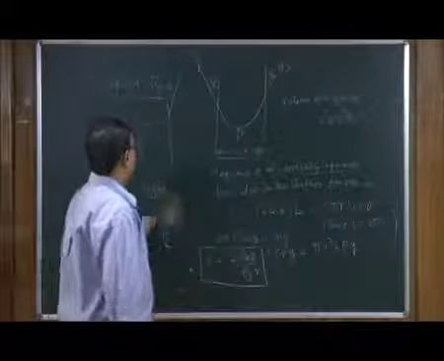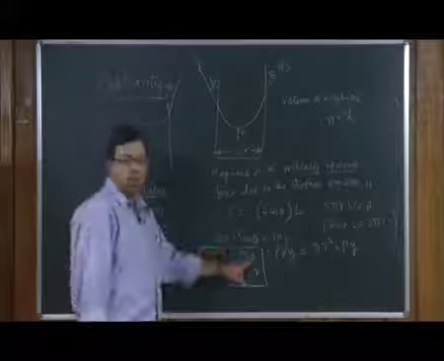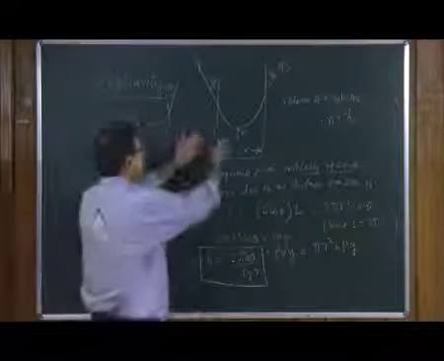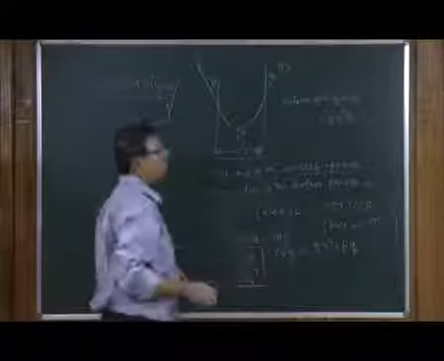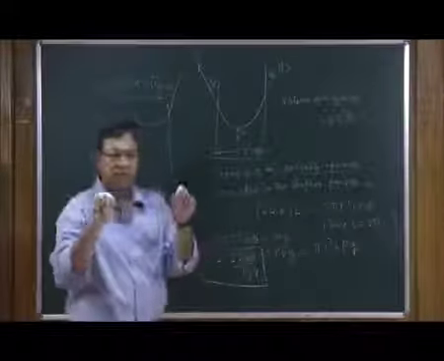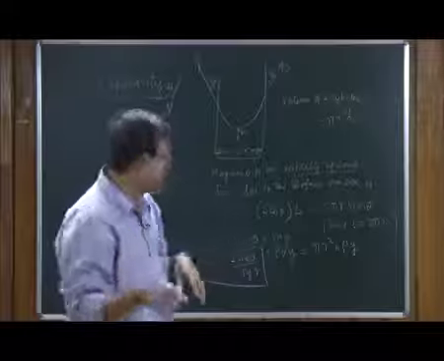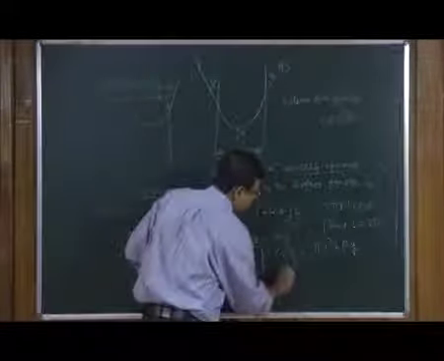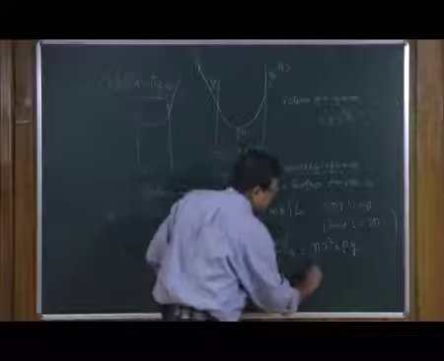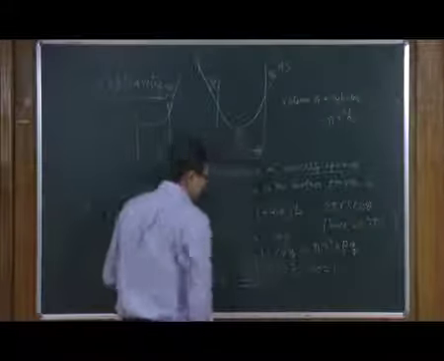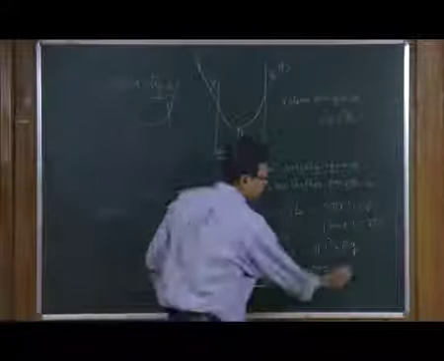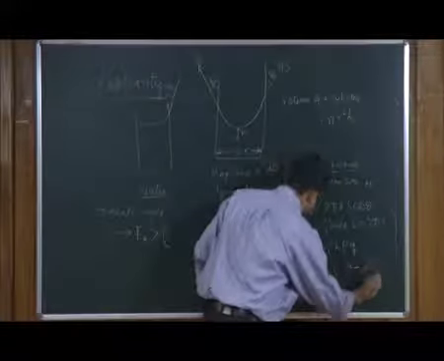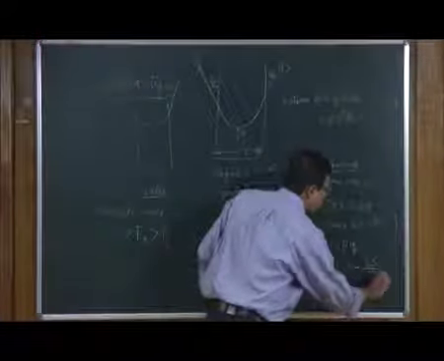Here for water, theta is almost equal to 0, though we have definitely enlarged the picture. Actually the angle is very small, it is close to 0. So, if theta is close to 0, cos theta becomes 1, in which case I have a simple expression, h equal to 2s by rho g r.